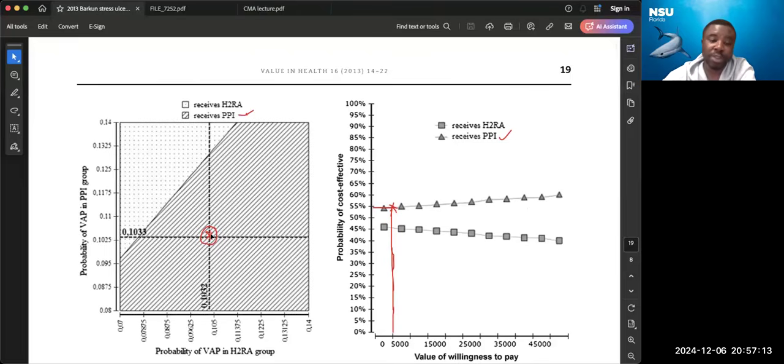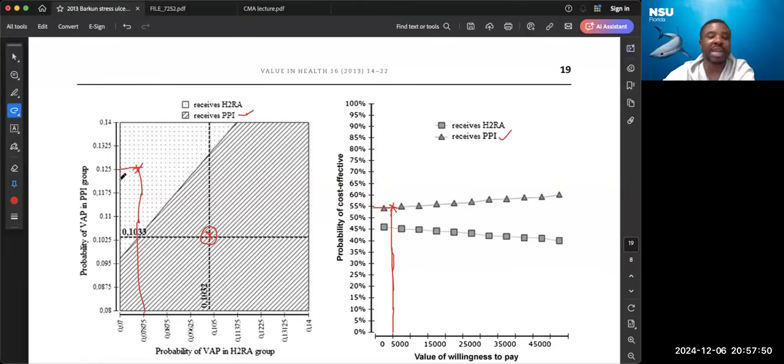But in the exam, she's going to test you. For example, if she gives you an example where the base case is 0.0785875, and the probability of the VAP in the PPI was maybe 0.15, in that case the decision changes, and this becomes our decision.